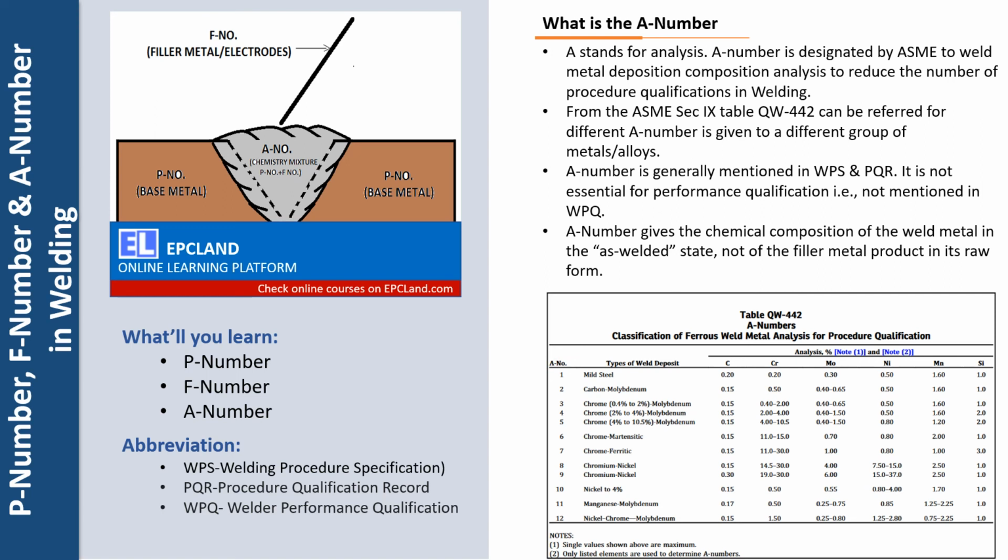Or you can think of it like this: if we allocate A number 2 for carbon molybdenum, then this has to be the composition. This way we have standardized the composition of welds, which consist of base material as well as filler materials. So we are doing analysis of weld, and we are saying this is A number. Once we standardize A number with respect to this code, our procedures are again standardized.